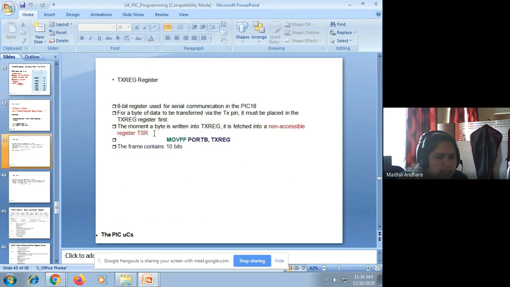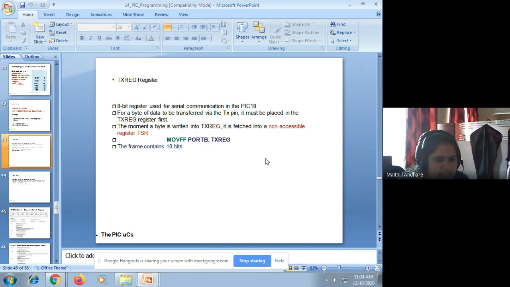Next, the TXREG register. Now see, what we do in 8051 is whatever you want to transmit is loaded in the SBUF register. Whatever you receive is also available in the SBUF register.